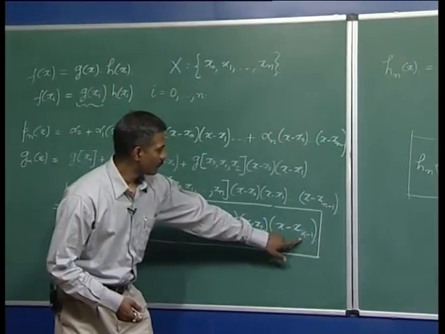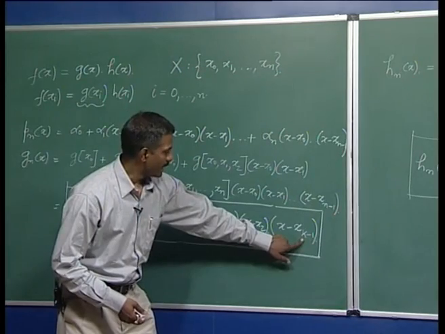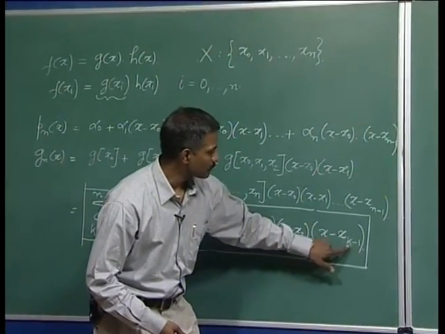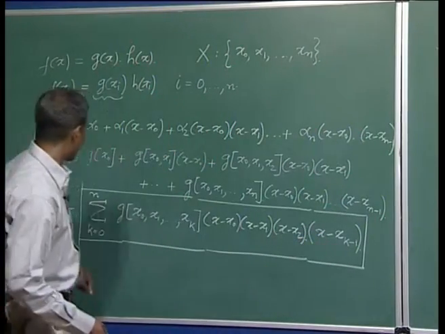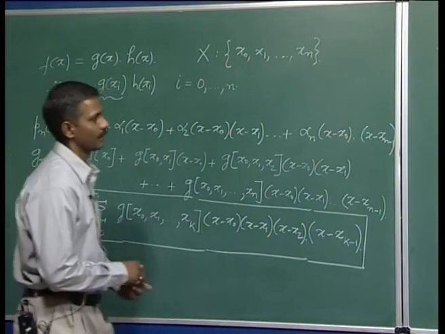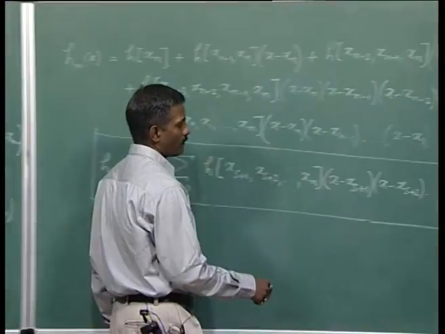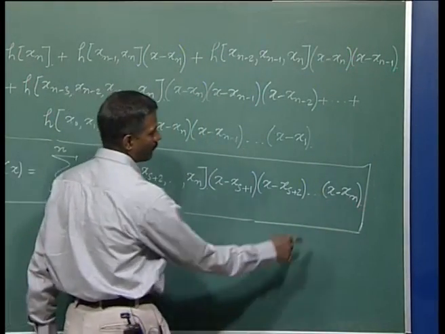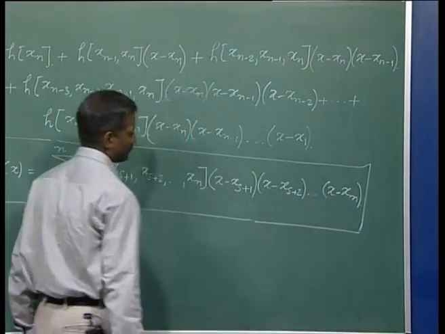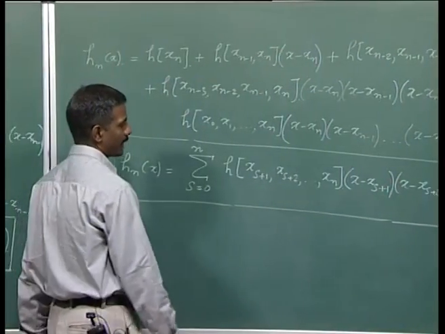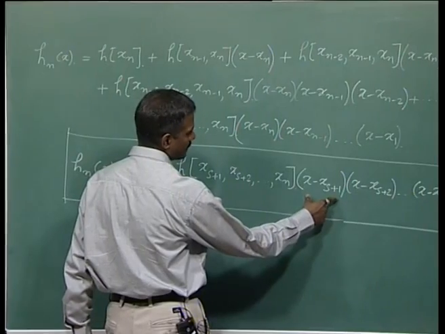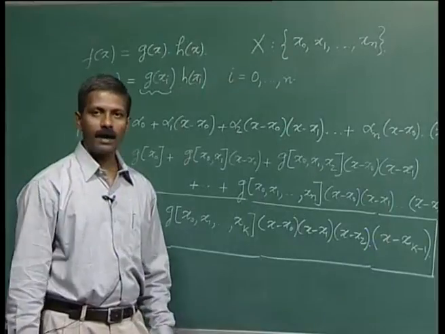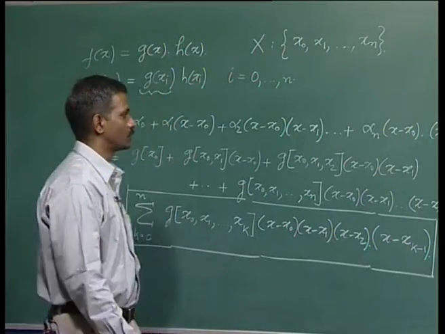The maximum value of k is n, so the last term here will be x minus xn minus 1 for k equals n. However, here the last term is slightly different. Here we have x minus xn. The starting term, of course, is x minus x1 for s equals 0. So there are minor differences in the two expressions.